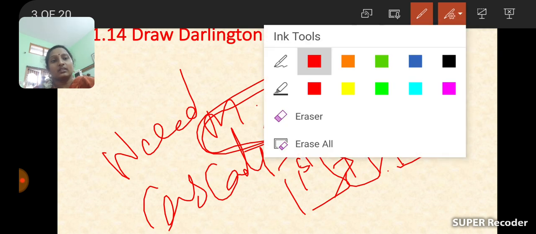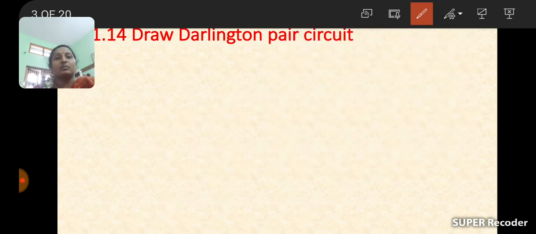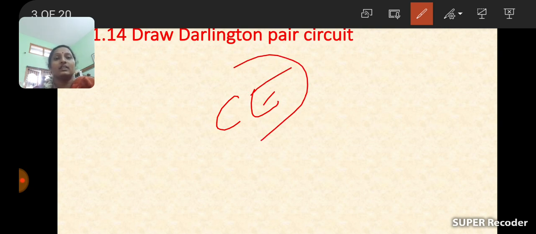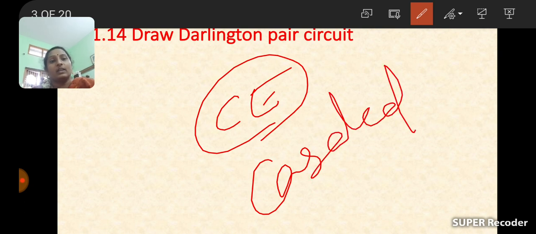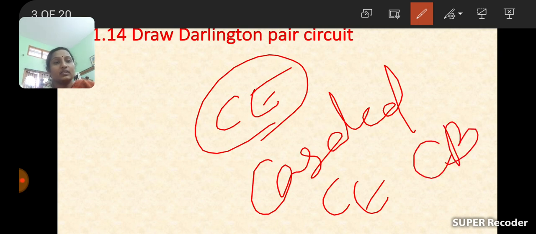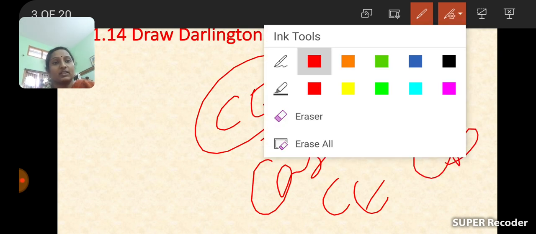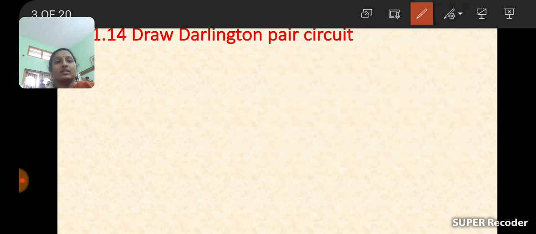One more thing: if common emitter amplifiers are used in all stages, that is called a cascaded amplifier. If one stage is common emitter and the other is common base, that is also called cascaded.